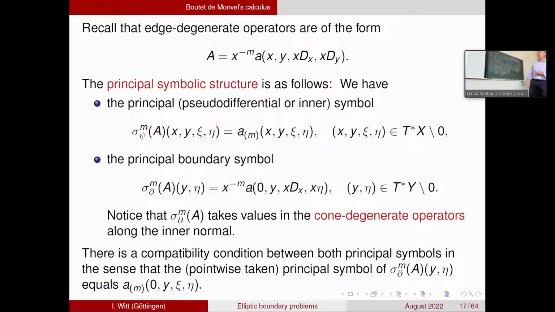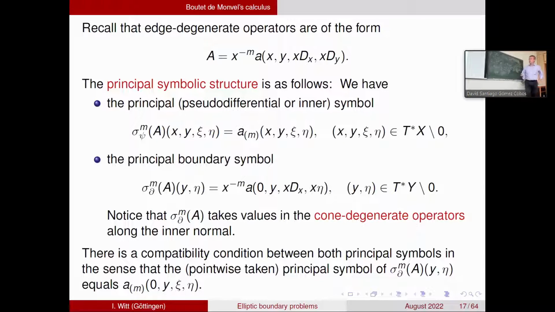For differential operators, I suppose it is a family of differential operators in X along the inner normal. It's our cone, indexed by points of the cotangent bundle over the boundary with the zero section removed. That is exactly what we had here before.